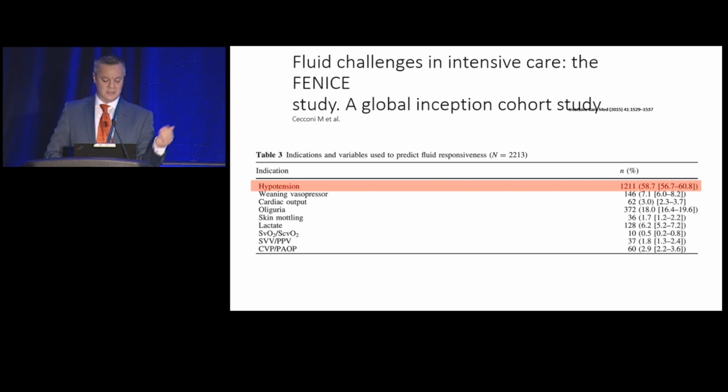I would like to show you this example, this study. This is a multicenter study. The physicians were asked, what are the reasons for giving fluids in the ICU? And the main reason for giving fluids is always hypotension. So when we have a hypotensive patient, our first approach is usually to give fluids to the patient.